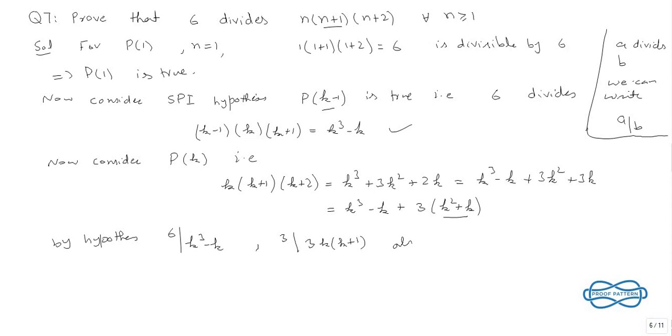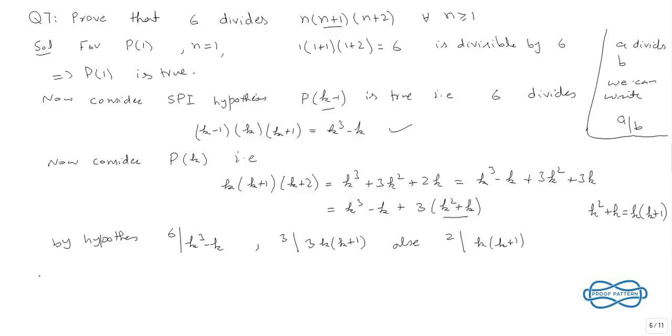Also, this k squared plus k can be written as k into k plus 1, a product of two consecutive integers, and the product of two consecutive integers must be even. So 2 divides k into k plus 1.